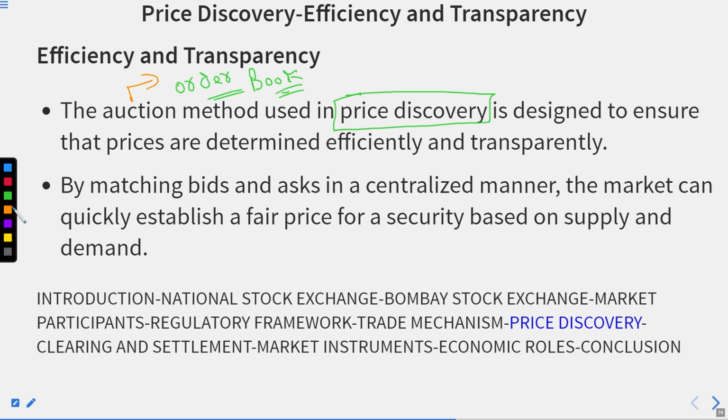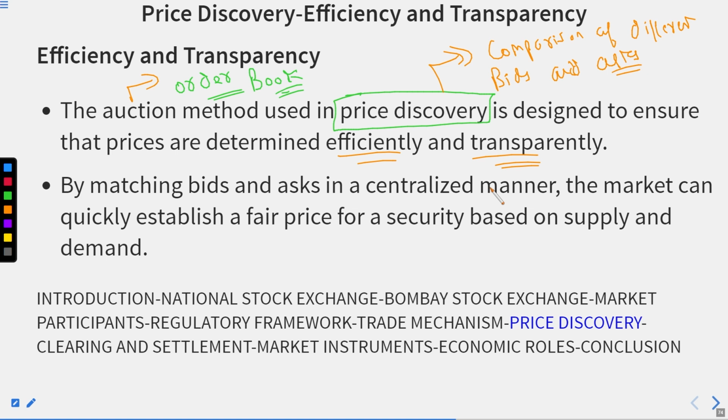So basically the price discovery is based on the comparison of different bids and asks, not only the current situation. That's why the prices determined are efficient and transparent.